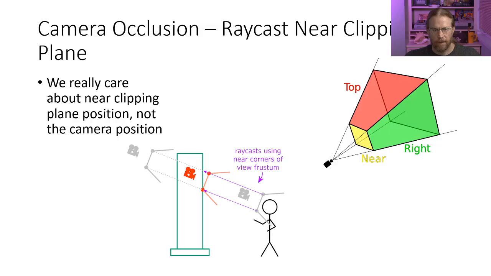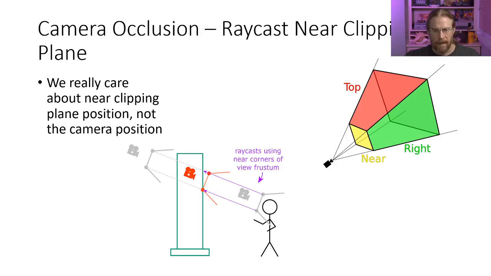It coincides with that near clipping plane, and because of that, all you have to worry about is that you need your near clipping plane to be in front of anything that might occlude it, that you don't want to show up, or you don't want to be sliced up through the view frustum culling and clipping process.